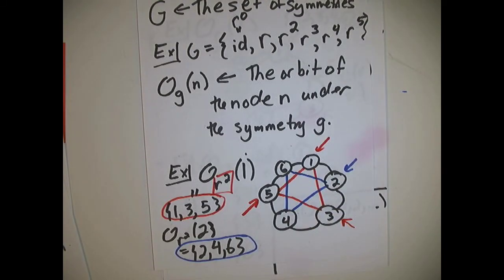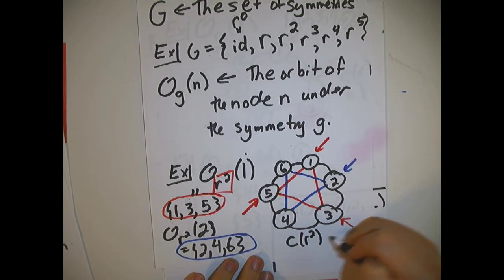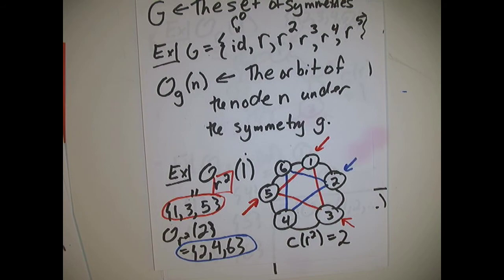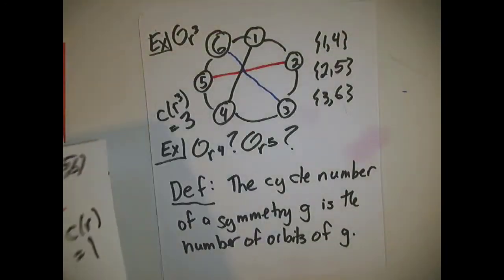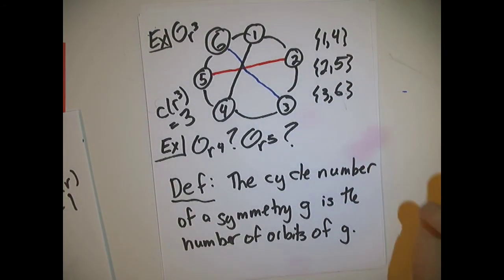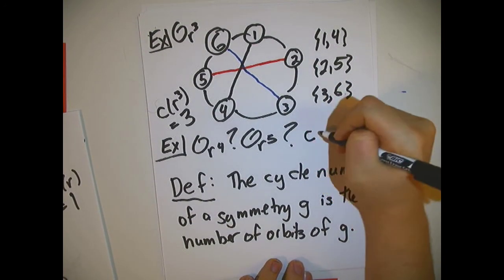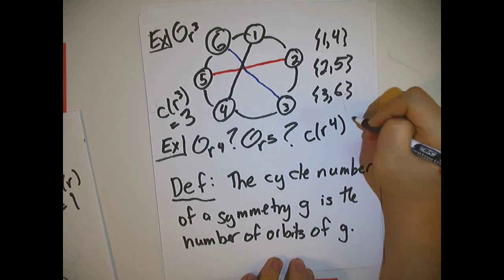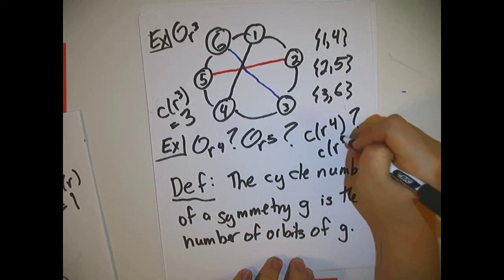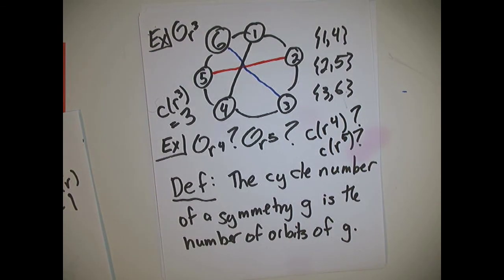And here there were 2 orbits, so c of r squared is 2. Okay, so again, before we get to the next video, make sure you can tell me what c of r to the 4th is and what c of r to the 5th is in our particular example. And when we come back, we'll be able to state, now that we have all of these characters, the full Polya enumeration theorem.